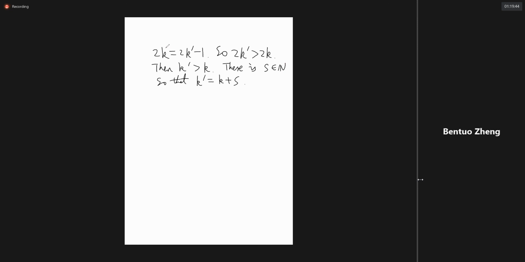Okay, now let's compute what is 2k prime. 2k prime is equal to 2 times k plus s, which is equal to, by the distributive property for natural numbers, 2k plus 2s. Now, since s is a natural number, s is greater than or equal to 1. So we have 2 times s is greater than or equal to 2, strictly greater than 1.